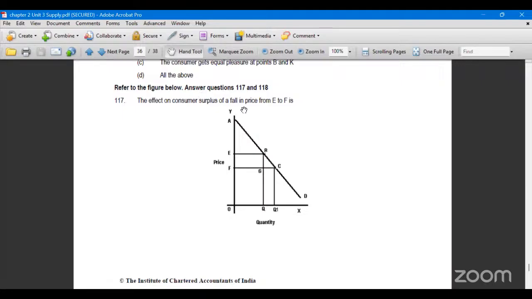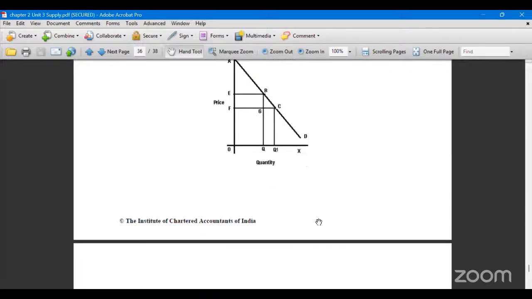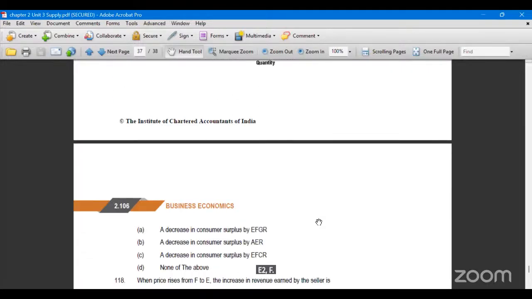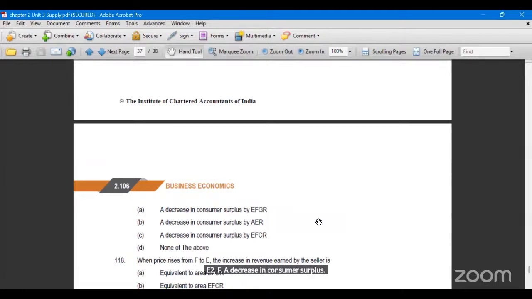Effect on consumer surplus of a fall in price from E to F. A decrease in consumer surplus by AER, a decrease in consumer surplus by EFCR, none of the above.